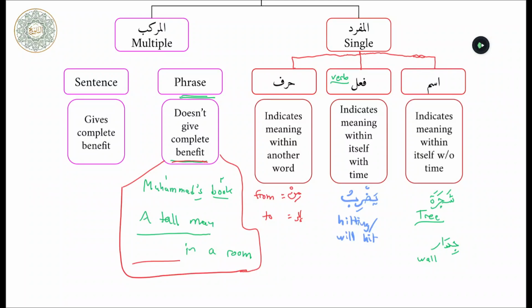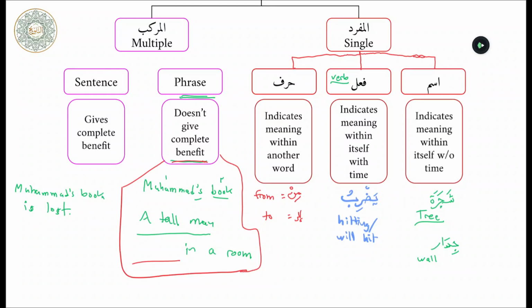Let's look at an example of a few sentences. If I say, for instance, Muhammad's book is lost. So we have Muhammad's book. That is my subject. What about Muhammad's book? So we gave information: is lost. Muhammad's book is lost. And we'll put a period there.